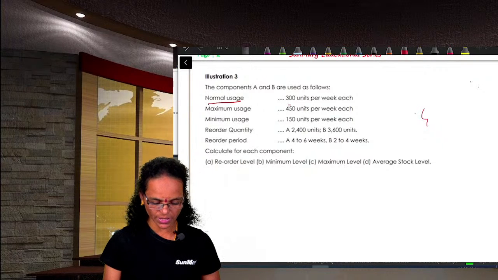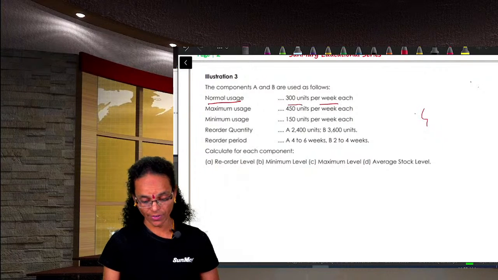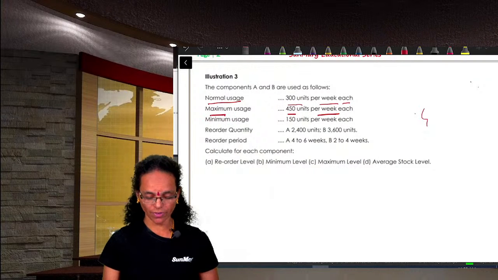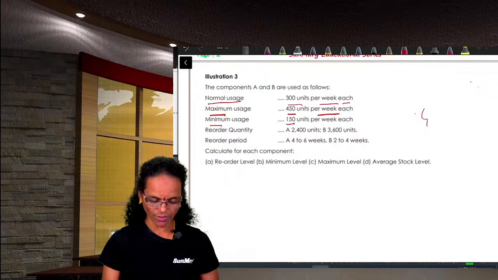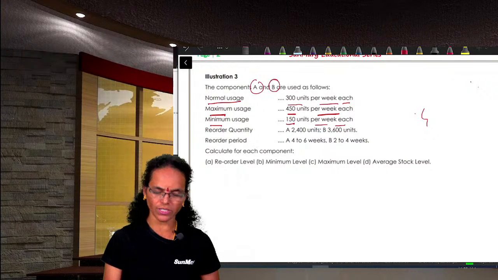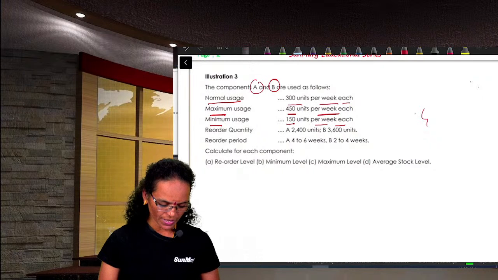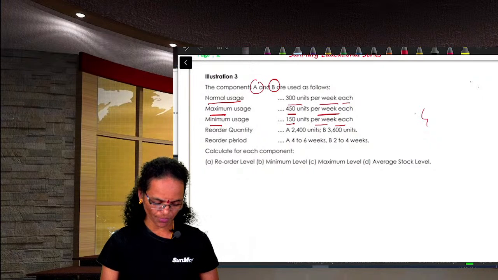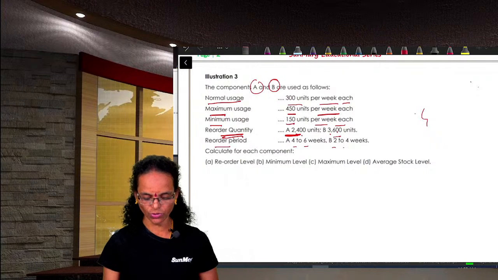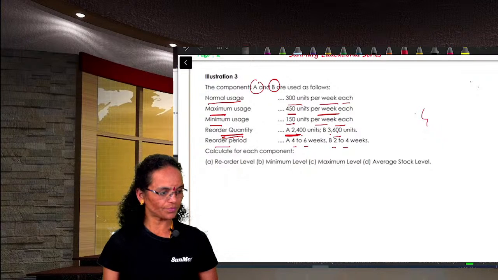Normal usage is 300 units per week each. Maximum usage 450 units per week each. Minimum 150 units per week each. Each is nothing but we have two components, right? A and B. Reorder quantity A 2,400 units, B 3,600 units, and reorder period 4 to 6 weeks for A and 2 to 4 weeks for B.